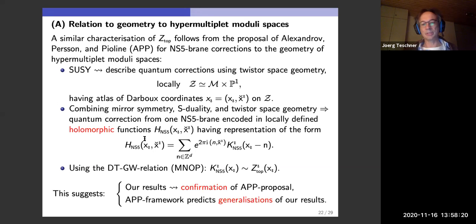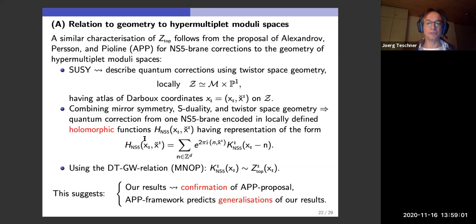First of all, they were using very similar ingredients, namely twistor space methods locally, some moduli space M, which in their story also involved intermediate Jacobian fibrations, and atlases of Darboux coordinates on that space. And then they were combining mirror symmetry, S-duality, and the twistor space geometry to make a prediction for the quantum correction from a single NS5 brane, but they also have some ideas about higher numbers of NS5 branes.